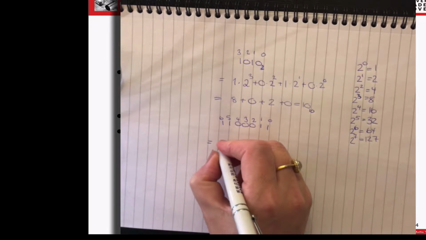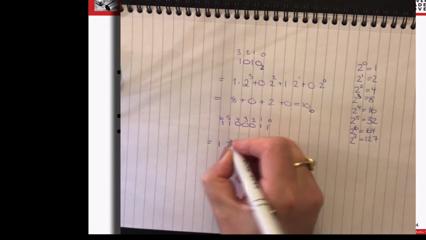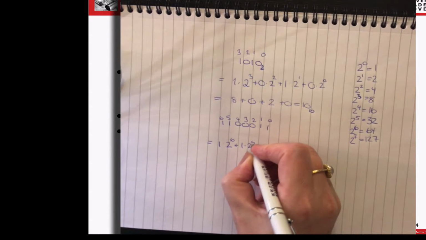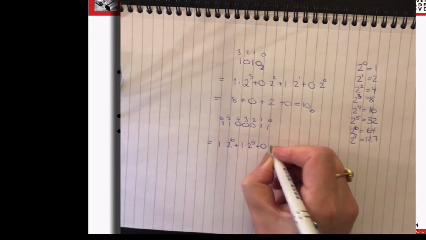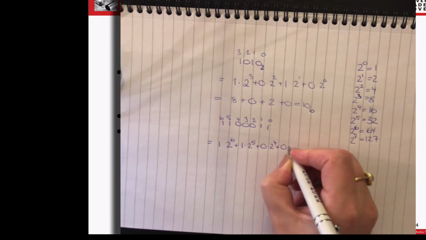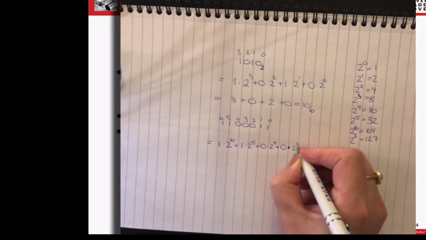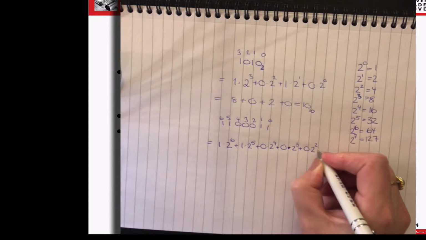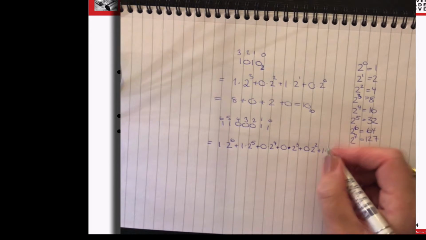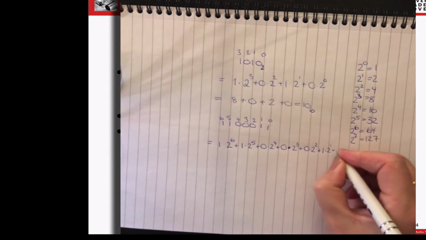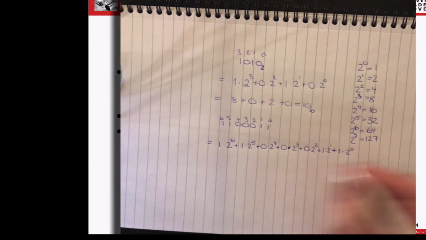Okay, so this is 1 multiplied by 2 in the power of 6 plus 1 multiplied with 2 in the power of 5 plus 0 multiplied with 2 in the power of 4 plus 0 multiplied with 2 in the power of 3 plus 0 multiplied with 2 in the power of 2 plus 1 multiplied with 2 in the power of 1 plus 1 multiplied with 2 in the power of 0.